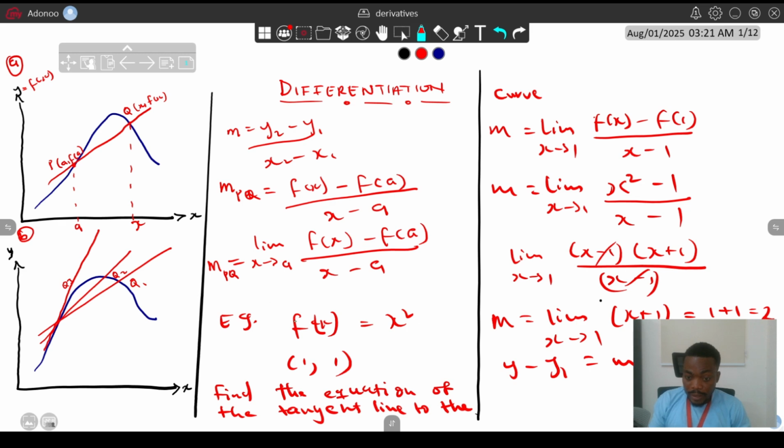So we can say that we have y minus 1 equals 2(x minus 1). Then our y will be equal to 2x plus 1, right? Oh, no, sorry, minus 1 rather.